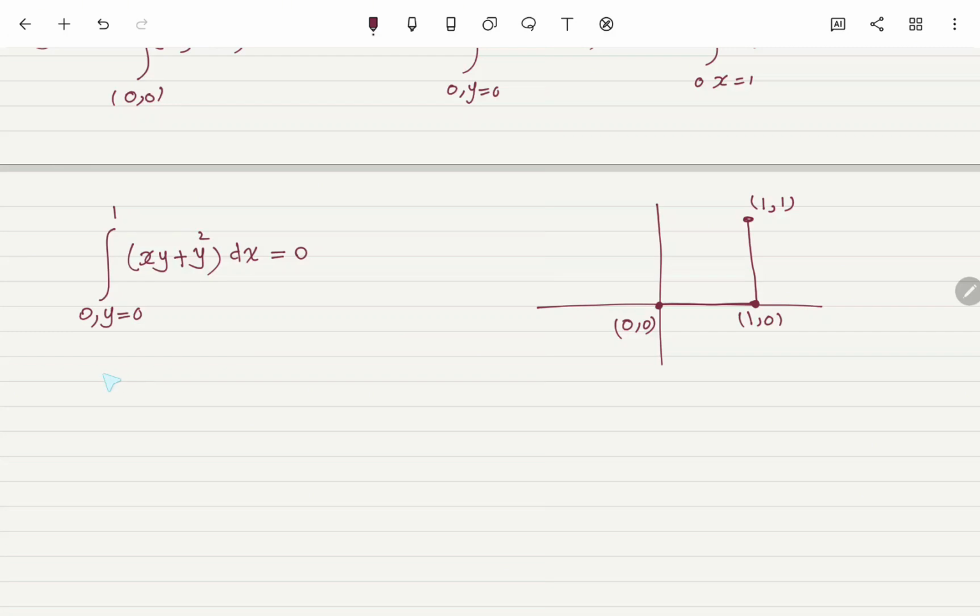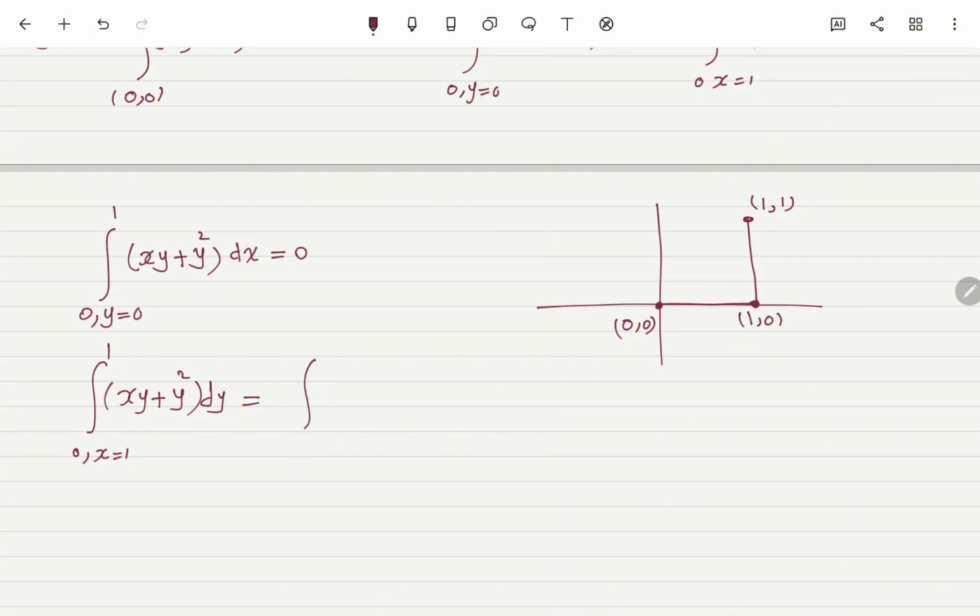Now the second part, from 0 with x equal to 1, xy plus y square dy, we should substitute x equal to 1 because it's constant, not changing over the y integral.